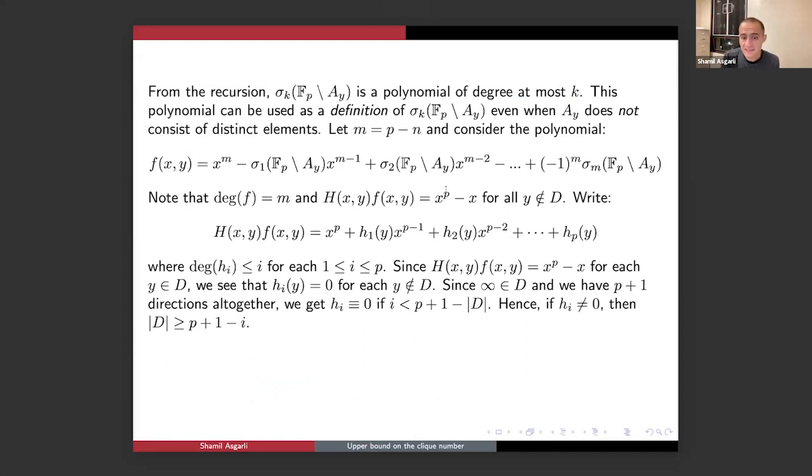And the key insight is that this polynomial can be used as the definition of sigma k of F_p minus A, even when A does not consist of distinct elements. So that was the insight behind this calculation: first you assume A has distinct elements.